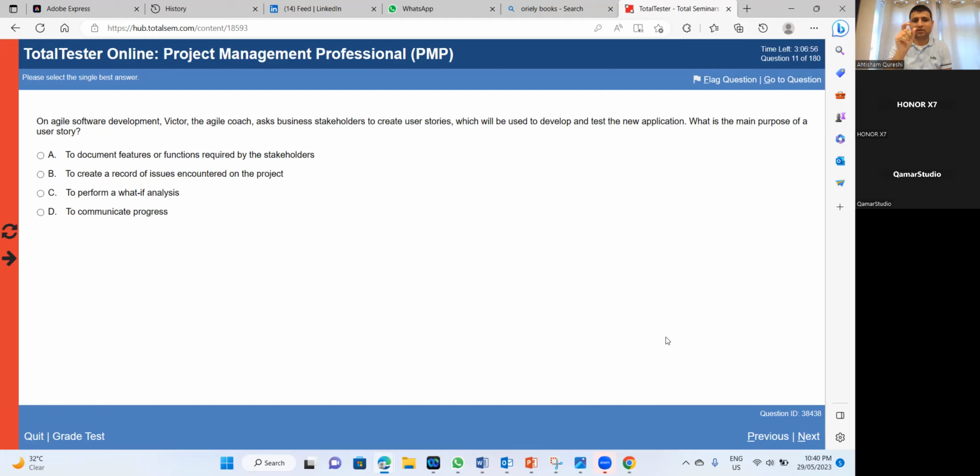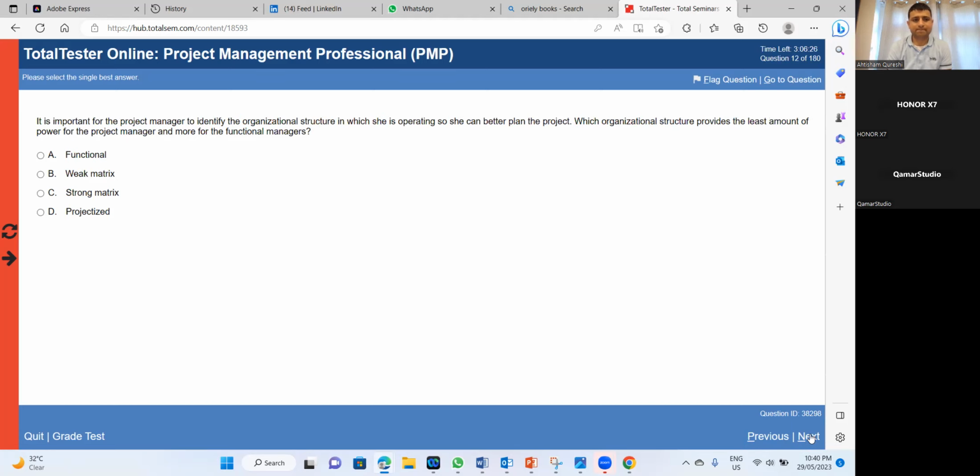So they will pick up that Jira ticket and then they will communicate the status. But the main purpose, if you ask me, is to document features or functions required by the stakeholder. There is some aspect that we use it to communicate. But again, if we create a user story, we create it to document our requirements.